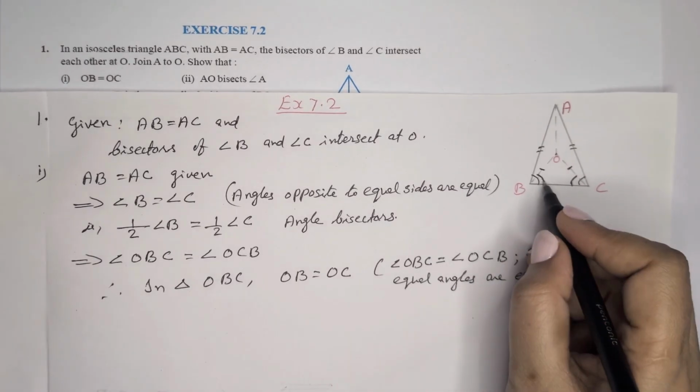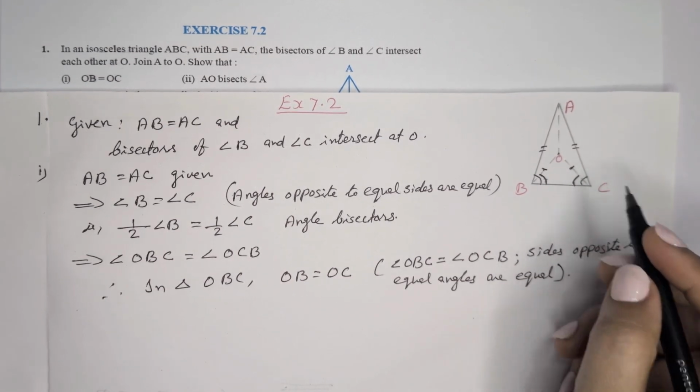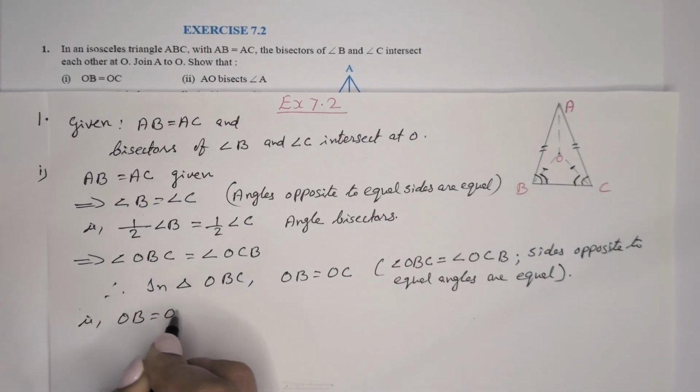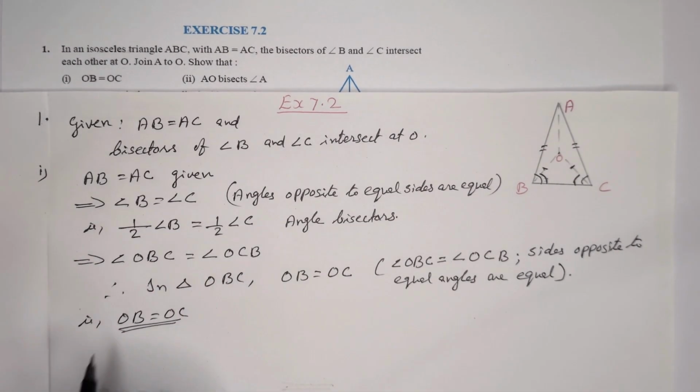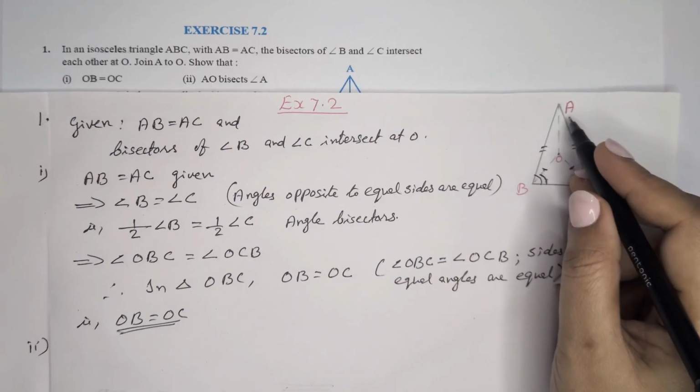These two angles are equal, then sides opposite to equal angles are equal. These two sides are equal. So that means we can write OB is equal to OC. That's the first part. Now the second part, AO bisects angle A.